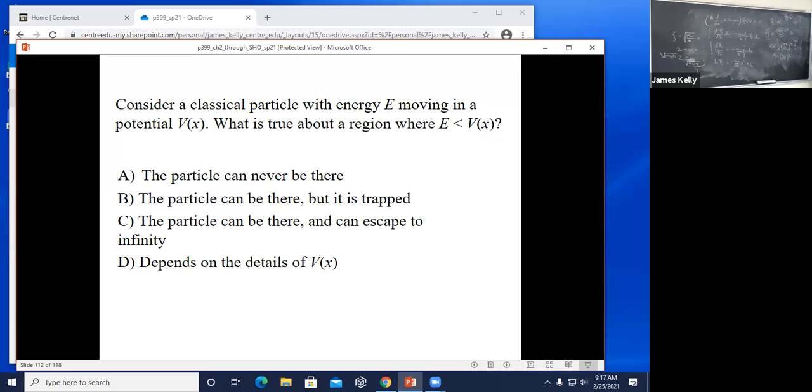I've got some potential energy, and my particle might have a total energy, which here has a lot of potential energy but less kinetic energy. But the total energy is the same as it goes back and forth in this potential well and oscillates like that. What would you say is true in classical physics in a region where the energy is less than the potential energy?